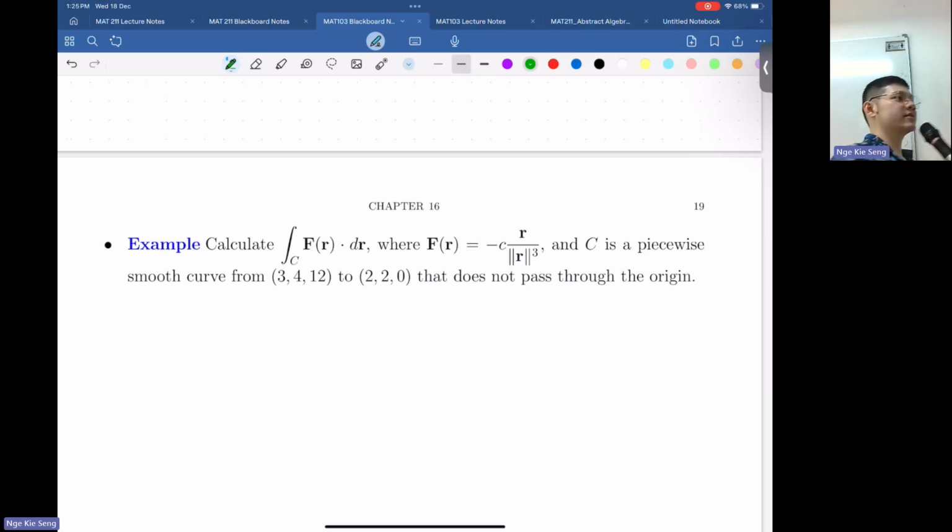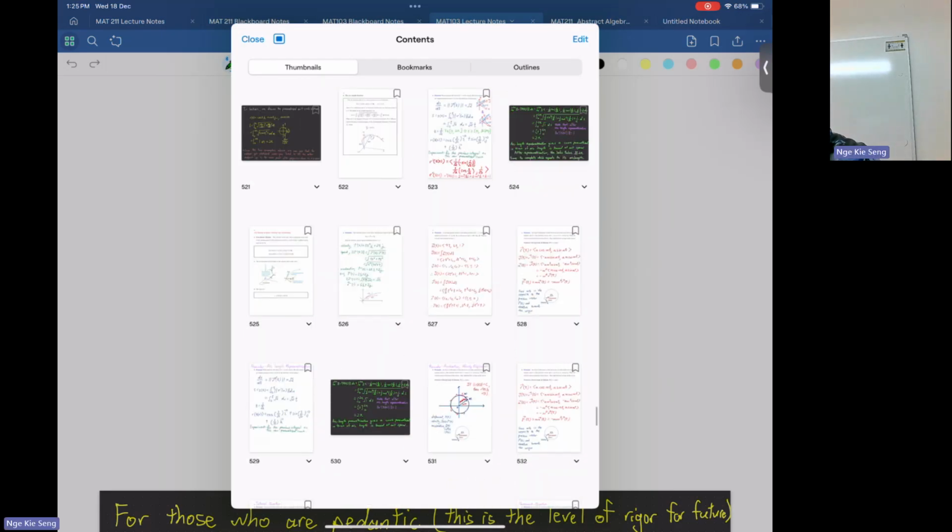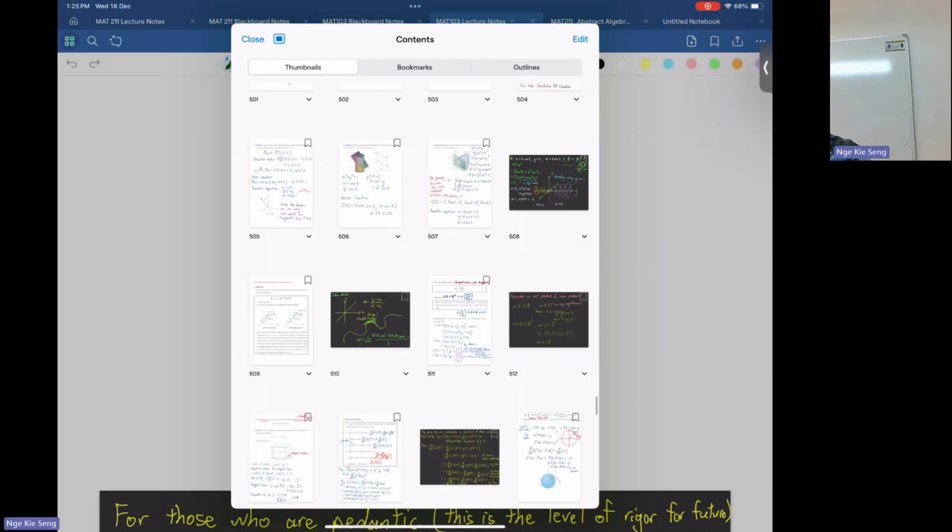There is an r cubed, very special. It's the first example we've seen, the gravitational force. Okay, gravitational force. Maybe we don't write in r form, we write in x, y, z form.